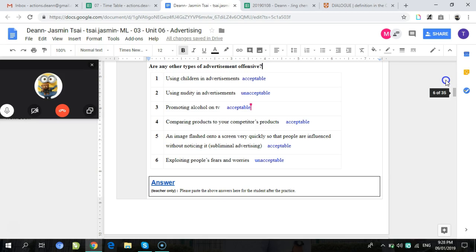Okay, you may compare, but you cannot mention what product it is, I think. How about for you? Maybe take a suit, that advertisement is not true.